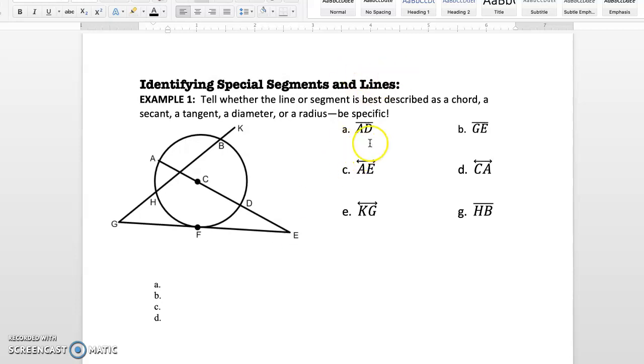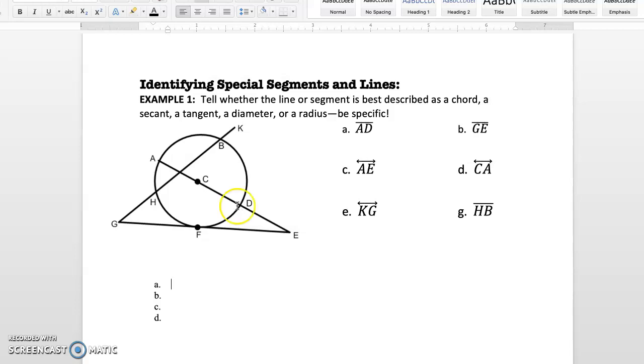If we're going to start with letter A, I see that they are referring to AD, and it is a segment. Remember the proper notations that we had used earlier in the year when we're talking about lines and segments. That's going to be very important when you write out your final answers. So if I'm looking at segment AD, A to D, I'm probably going to be thinking about either a chord or a diameter.